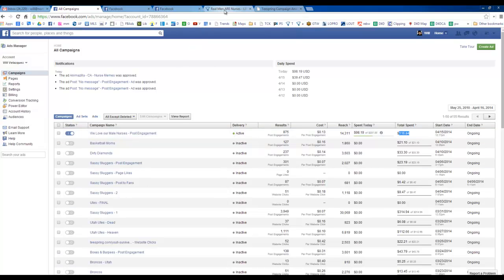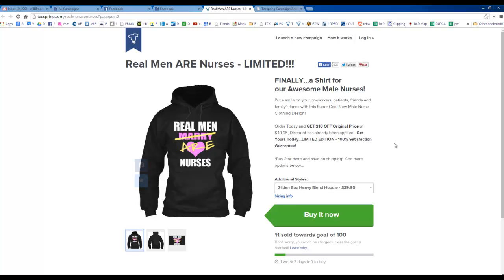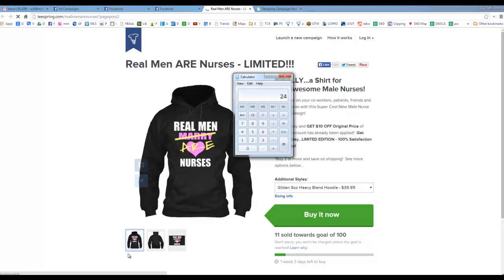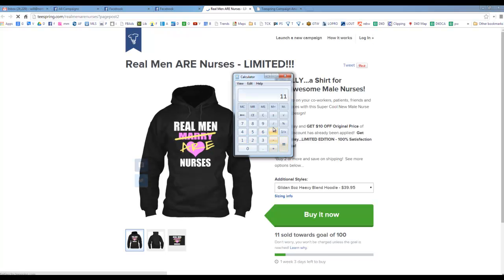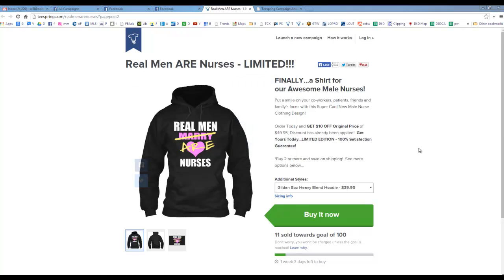And total made, are we still at 11 shirts? Okay, so 11 times 18.26 is 200, so minus, what do we say, 116? So we're at $84 profit, right?